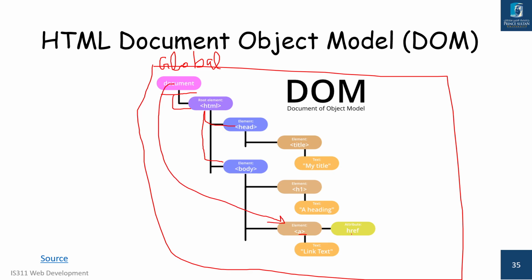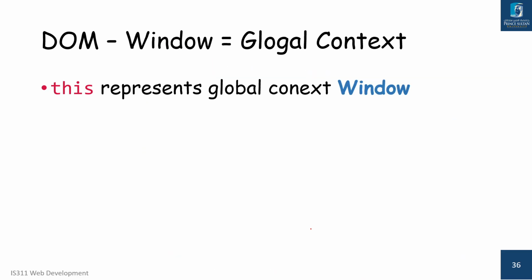I can change its href value, I can change its style, and the things that we saw in the last lecture and practically as well. So this document object model helps me access those elements inside my document. This is actually representing the global scope, or the window.